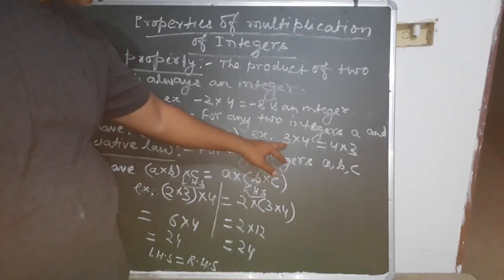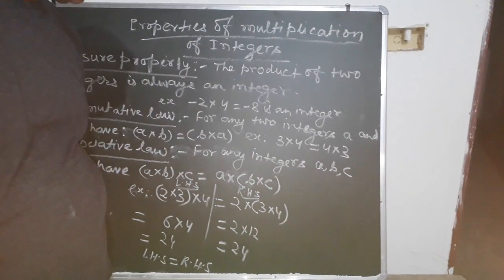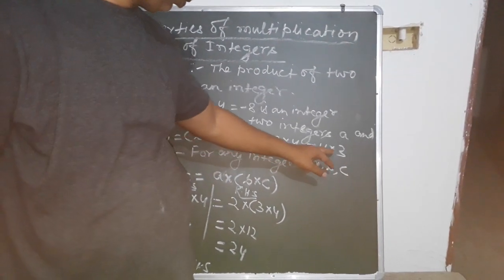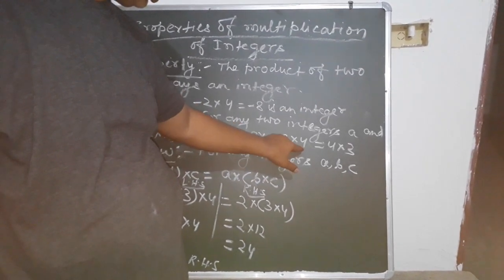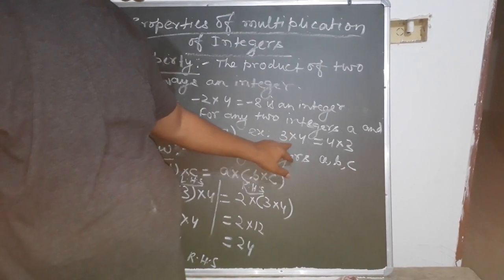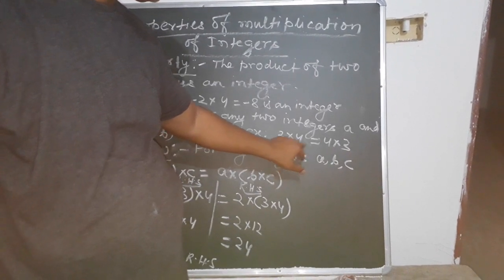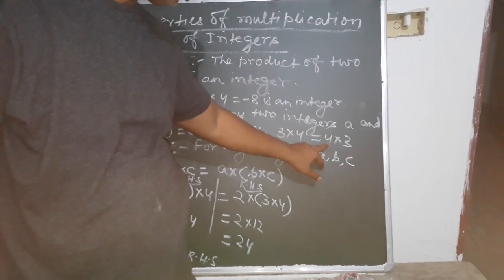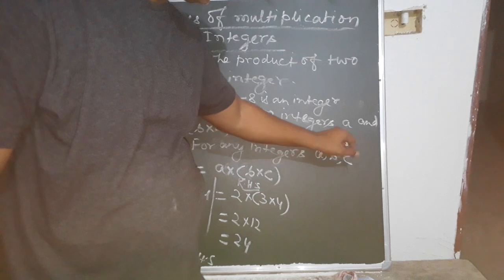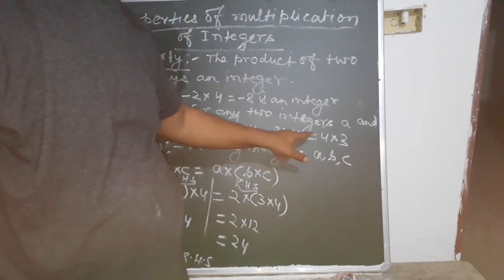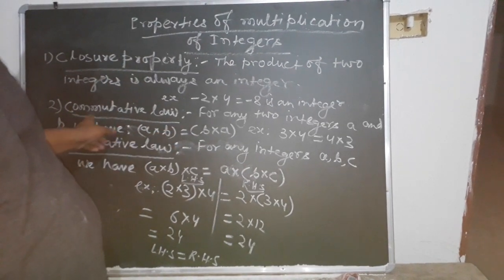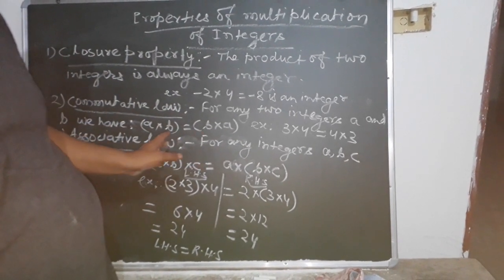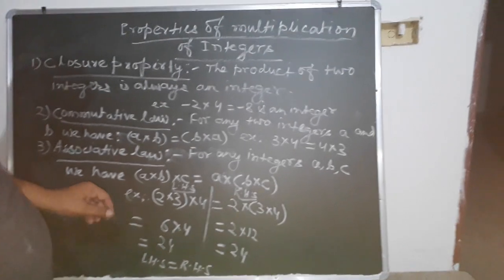See here, 3 multiplied by 4 is equal to 4 multiplied by 3. Here, in the first case, 3 is at the first and 4 is at the second. But here 4 is at the first and 3 is at the second. But both their products will be same. And this is called commutative law of multiplication of integers.